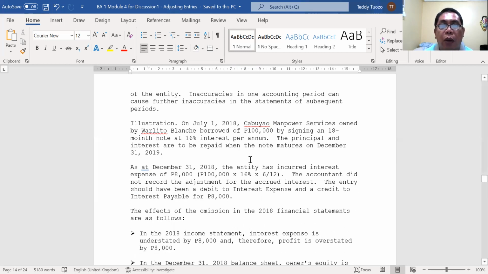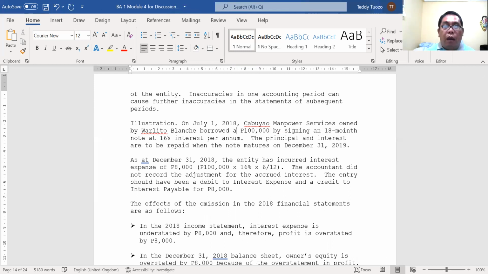Okay, illustration. On July 1, 2018, Kaboyang Manpower Services, owned by Warlito Blanche, borrowed 100,000. Awkward, some wrong grammar.